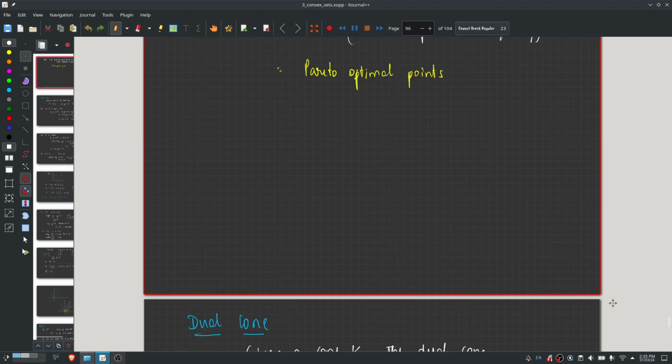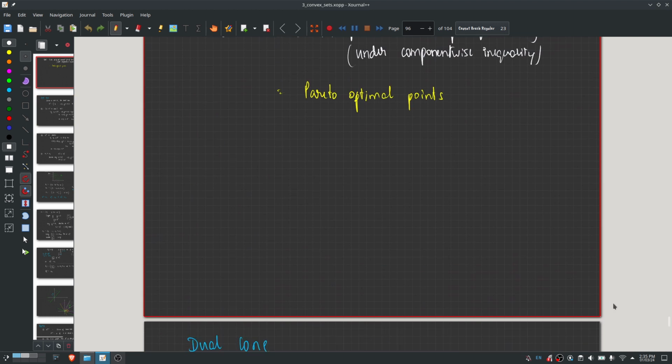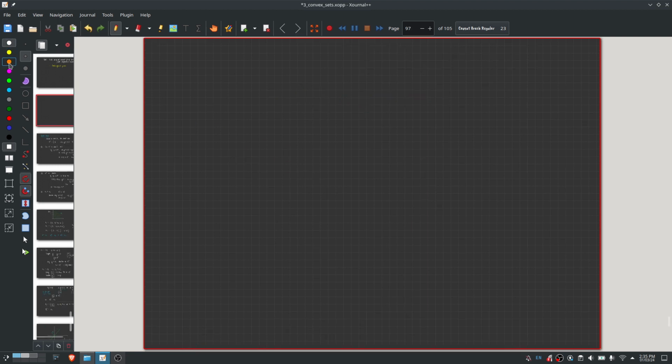Now, there's another use for generalized inequalities in the sense of defining convexity itself. So, if you recall, what is a convex function?